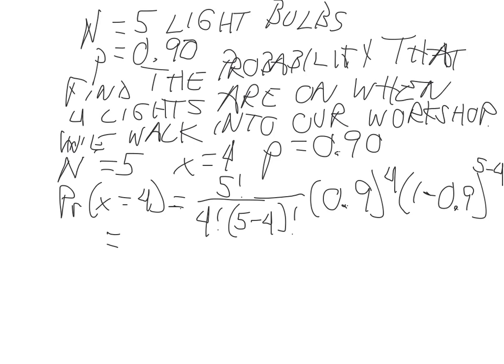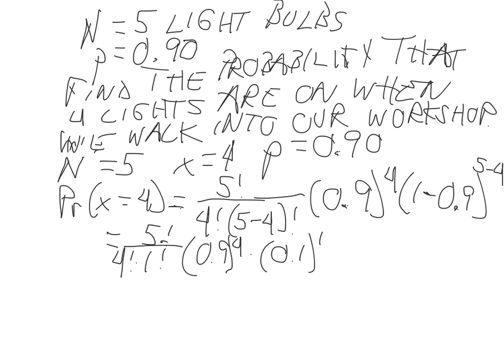So let's start doing some number crunching. So I'm going to have 5 factorial over 4 factorial times 1 factorial times 0.9 to the 4th times 0.1 to the 1st. Things are going to start cleaning up here real nicely in a second.